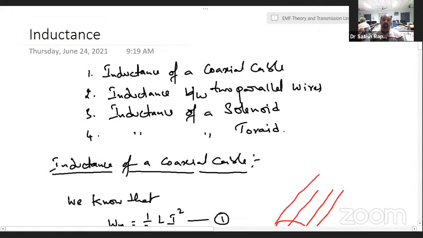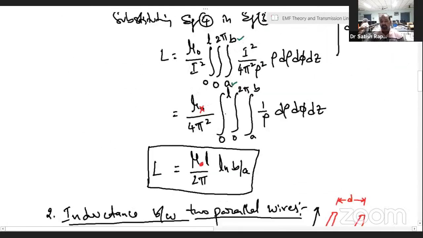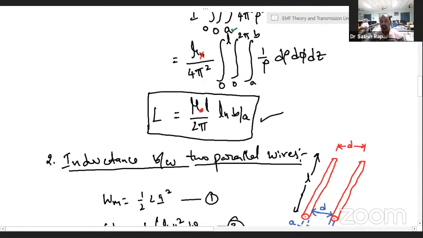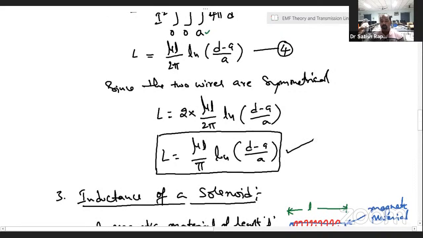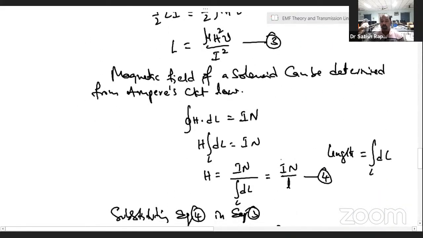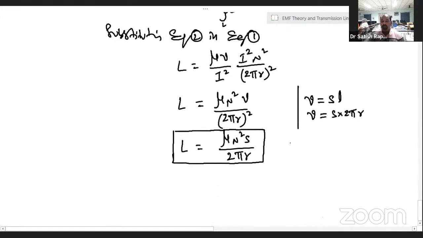So this is how we can determine inductance. In this class, I have discussed inductance under these 4 subtopics: inductance of a coaxial cable, inductance between 2 parallel wires, inductance of a solenoid, and inductance of a toroid. The procedure which we have followed is the same for all the 4, right? Therefore, inductance of a coaxial cable is this one, inductance of 2 parallel wires is this one, inductance of a solenoid is this one, and inductance of a toroid is this one.